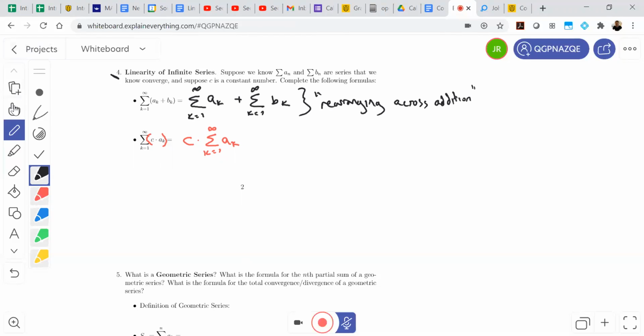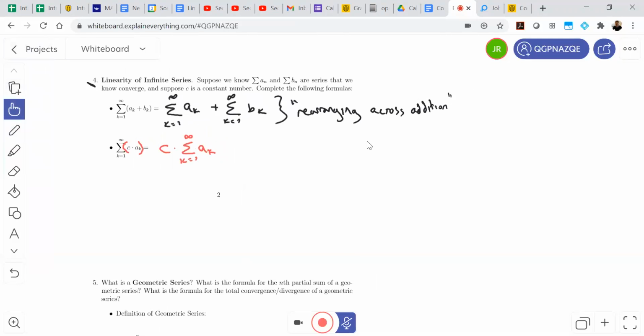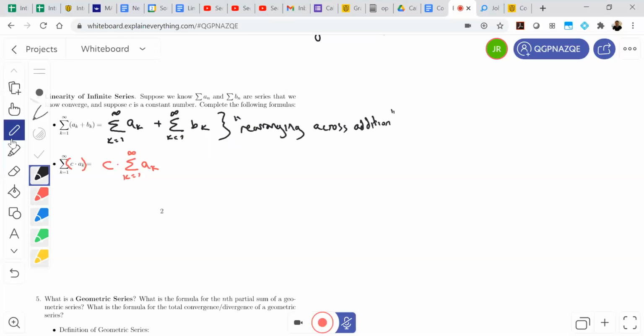Intuitively, the opposite of formal, casually, we can see this as originally, because of these parentheses, we had A1 plus B1 plus A2 plus B2 plus ..., right?